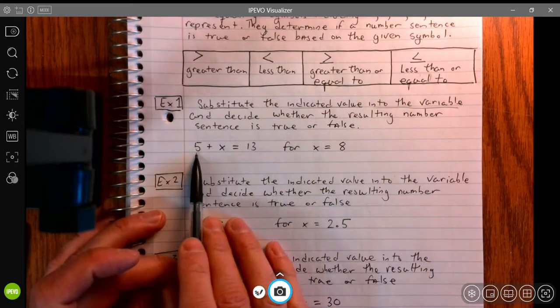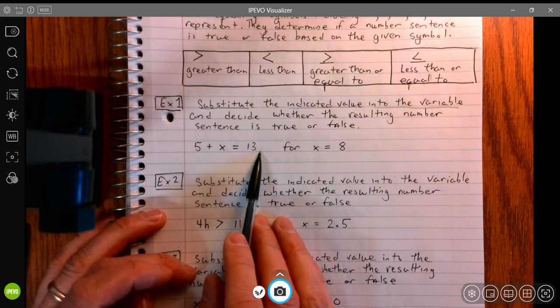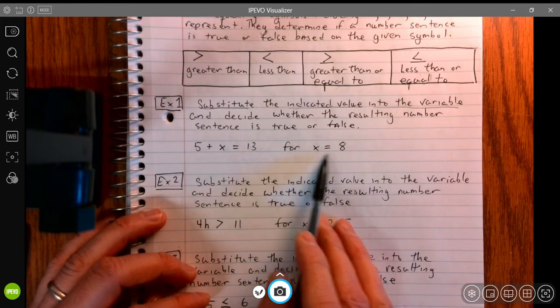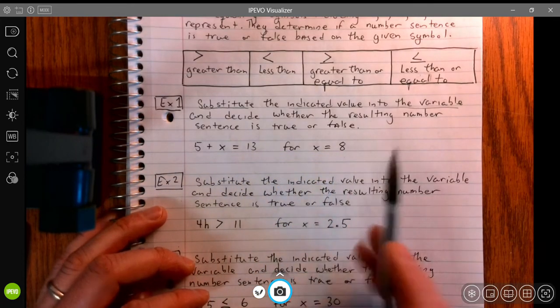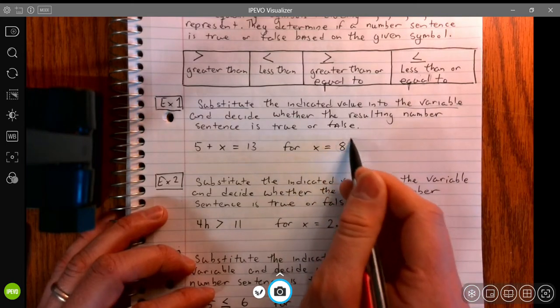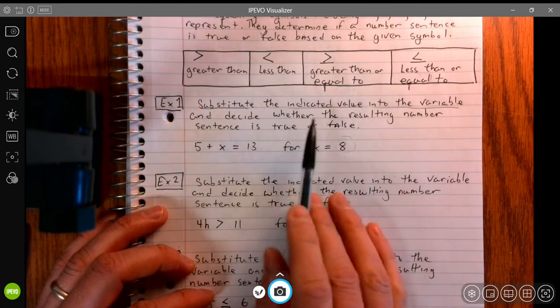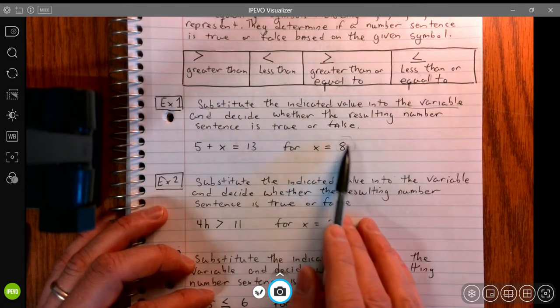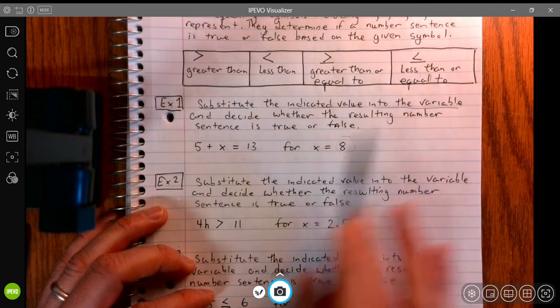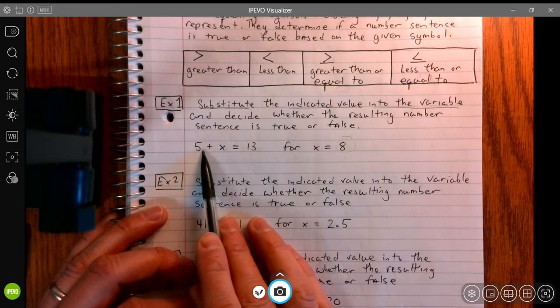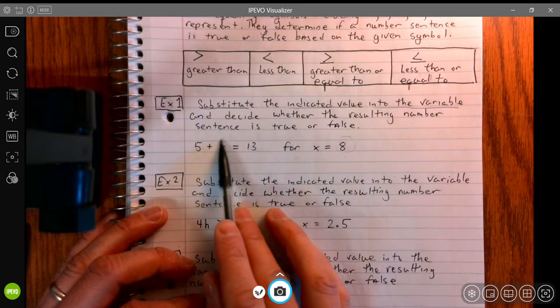I have 5 plus x equals 13 for x equals 8. Our indicated value is 8, and we need to substitute that value into the variable. Our variable is the x.